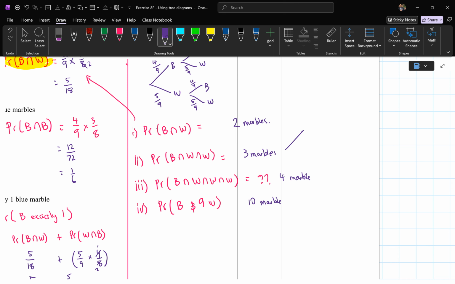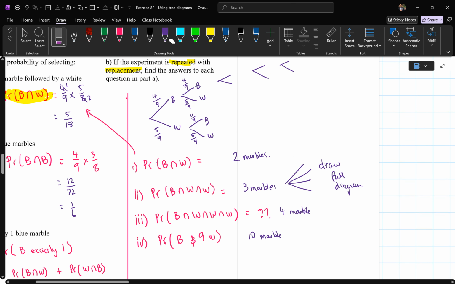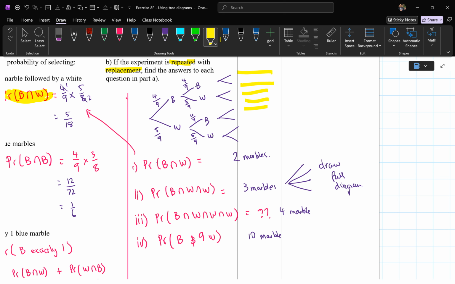And if you want to not do 4 and 10, because 4 and 10 makes it really crazy, one way is to draw out the full tree diagram for 3. Draw the full tree diagram. And if you looked at for each probability, so we did all 3, fill out all the probabilities and actually calculate 1, 2, 3, 4, 5, 6, 7, 8. You should be able to pick up a pattern if you did 3.